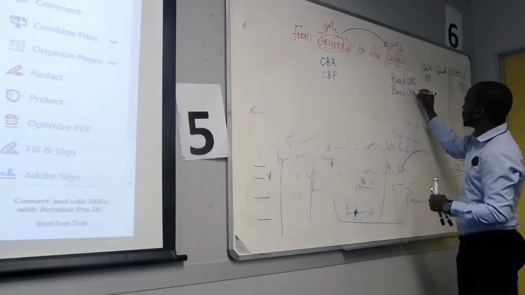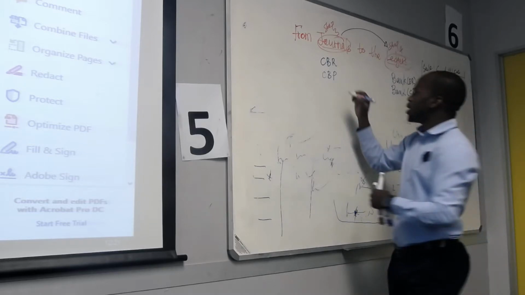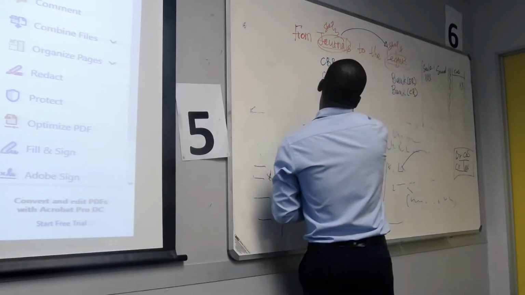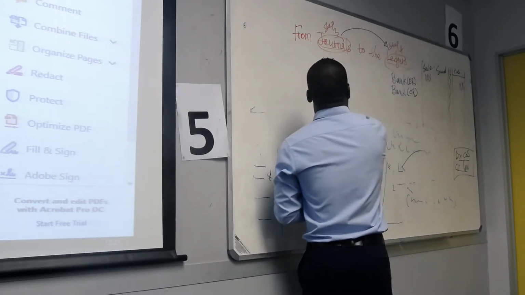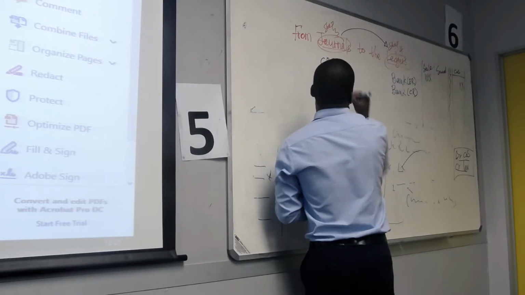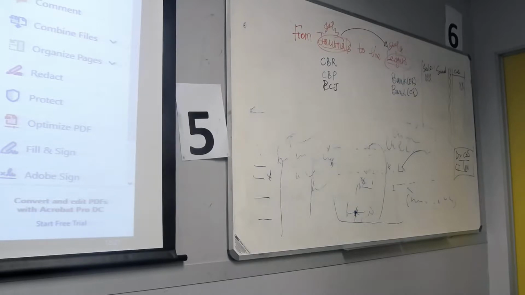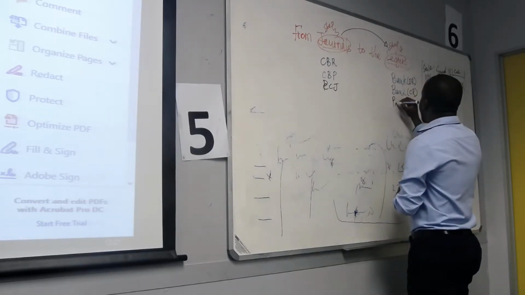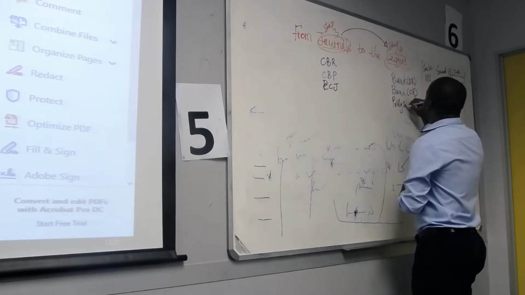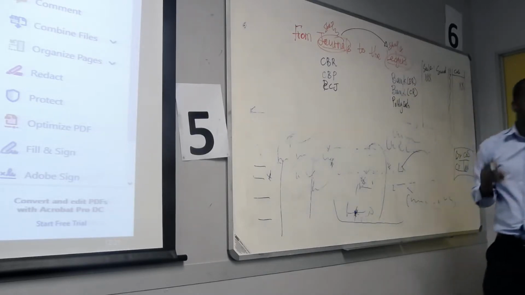We credit it. And then let's say we have the petty cash journal. What is the main account? Petty cash. The question is, what do we do to petty cash when we have the petty cash journal?